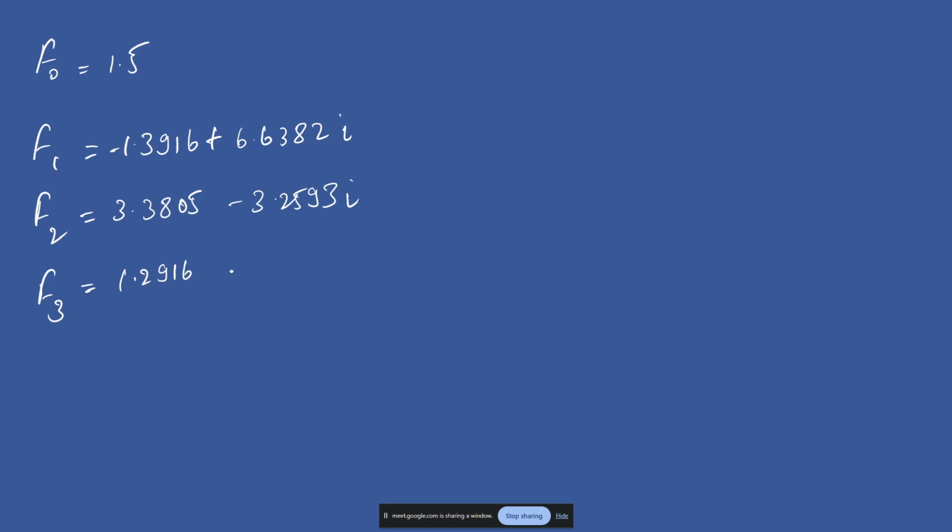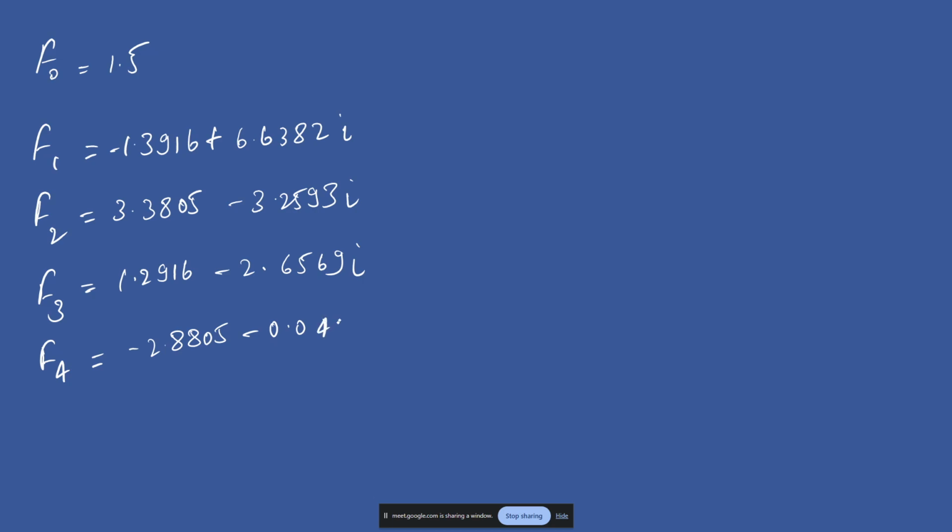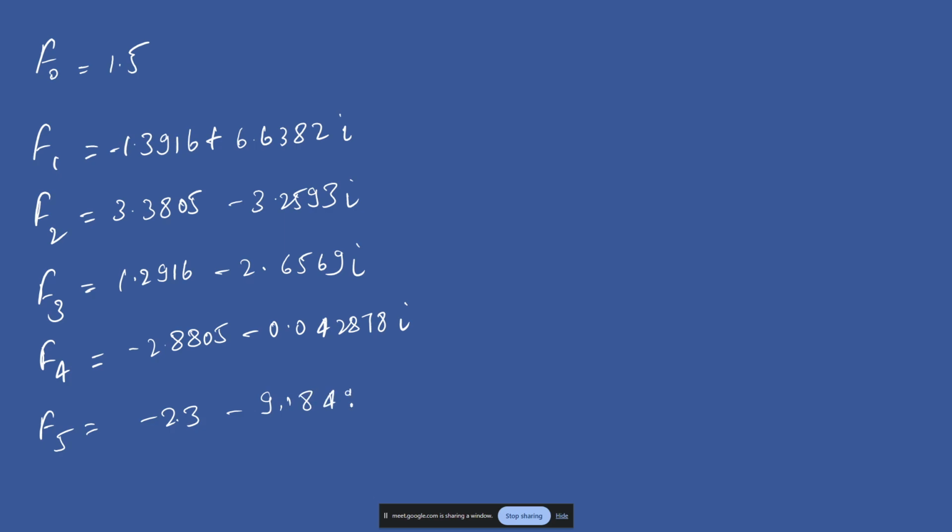1.2916 minus 2.6569 iota, then your f4 is given by minus 2.8805 minus 0.042878 iota, your f5 is given by minus 2.3 minus 9.1849 iota.